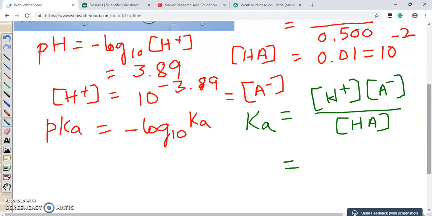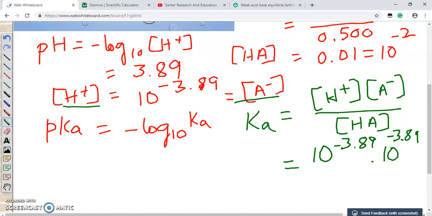I have found that the concentration of hydrogen ion and the conjugate base both are 10 to the power minus 3.89. So it will be 10 to the power minus 3.89 times 10 to the power minus 3.89 divided by the concentration of the monoprotic acid, which is 10 to the power minus 2.